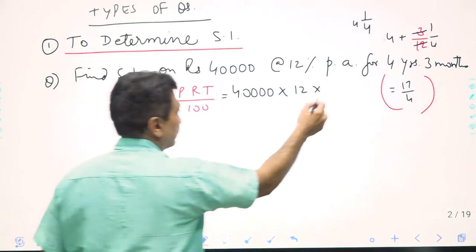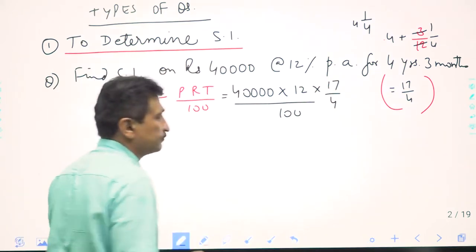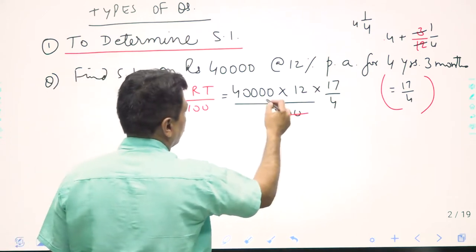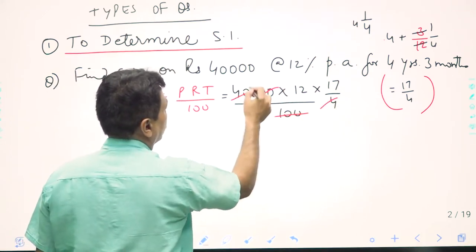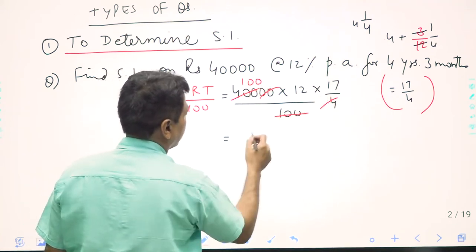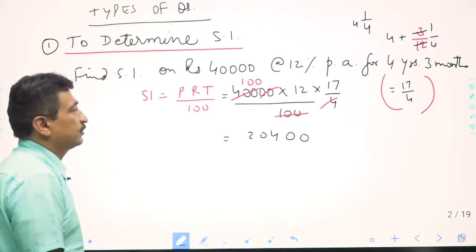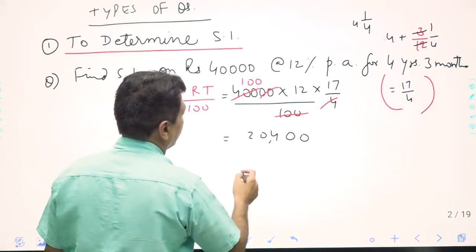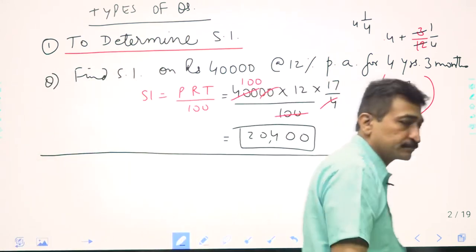So, let us write down 17 upon 4 and divide by 100. Let us cut them, 20 and 20, 4 ones are 4, and 100. 12 into 17 is 204 and 2 zeros. So the interest is 20,400 rupees.